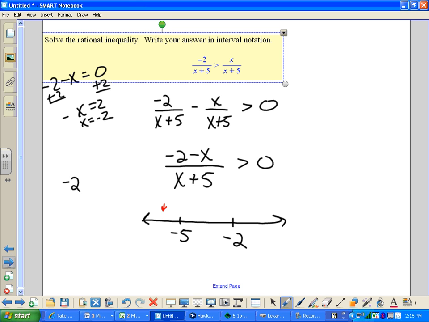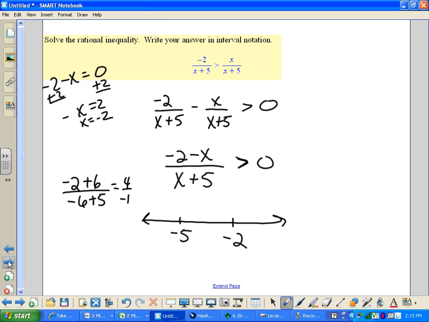We do negative 2, that would be plus 6 over negative 6 plus 5. So that would give me 4 over negative 1, which is negative. Okay, so I've got to see, is that true or false? Well, is a negative greater than 0? No, it's not. So this first section is not going to be a solution there.